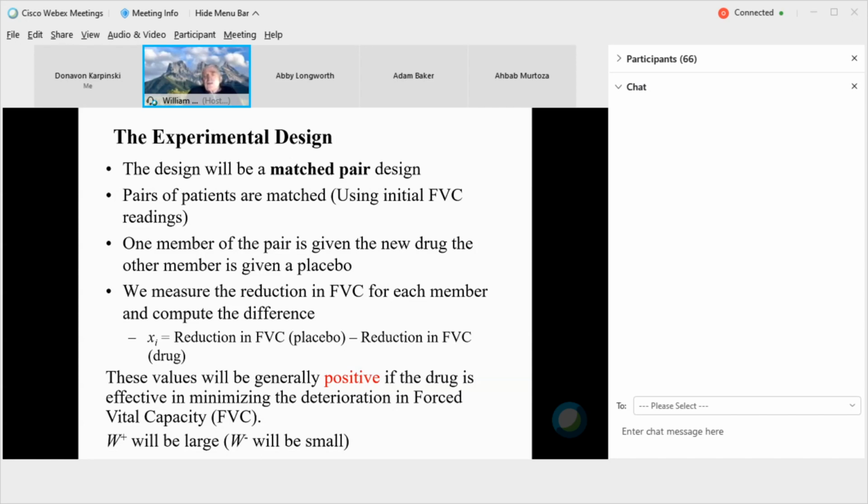We measure the forced vital capacity for each member and compute the difference. The placebo should be larger than the one with the drug if the drug was effective in reducing the deterioration in the ability to expel air.